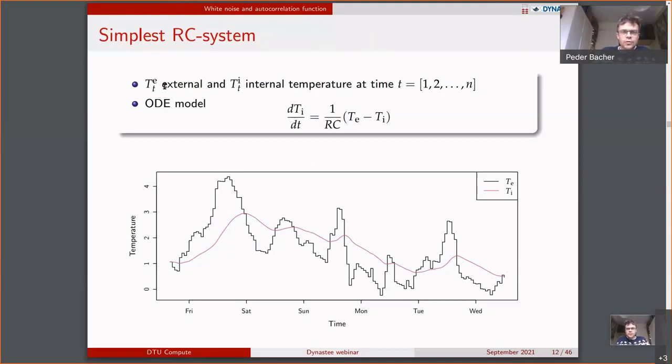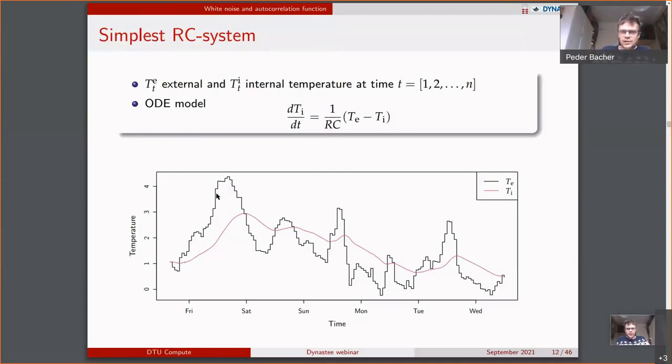Now, let's only have the external temperature, and let's use this ODE, ordinary differential equation model, which models this system. We say that the differential of TI is equal to 1 over RC times the difference of the external and internal temperature. And let's solve this model ahead in time.